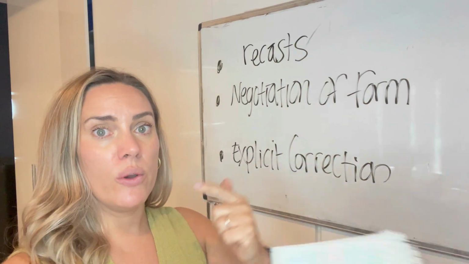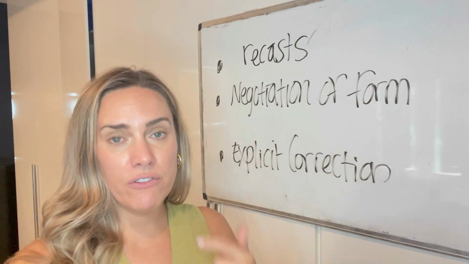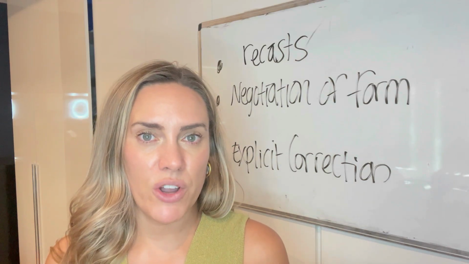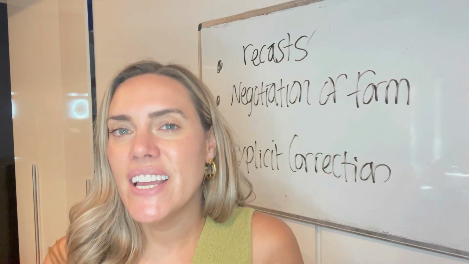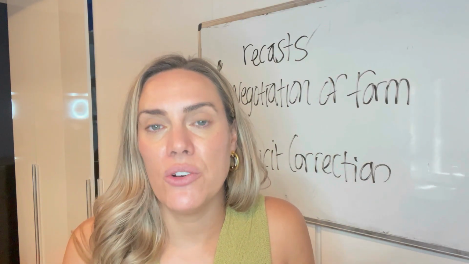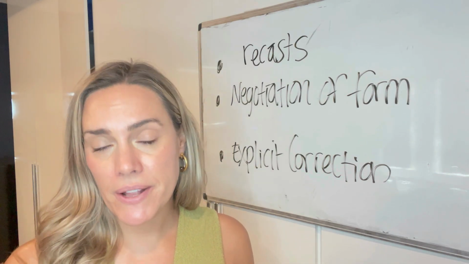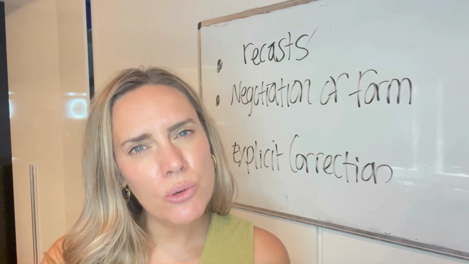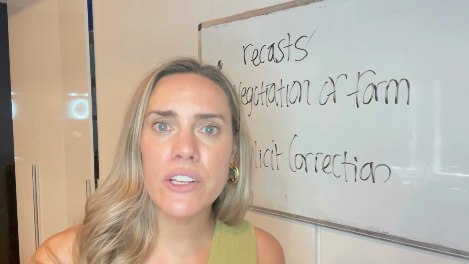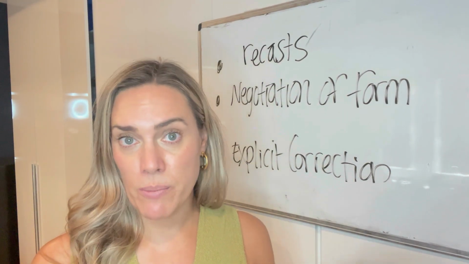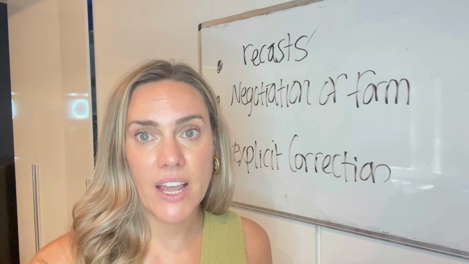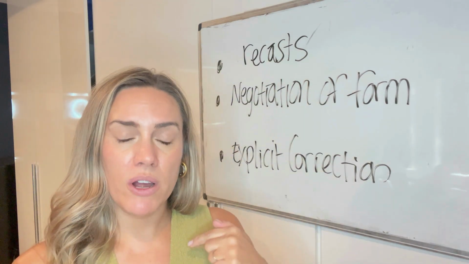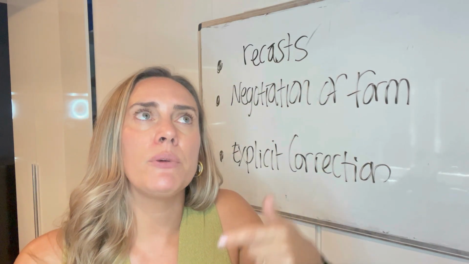That means we are going back and forth to figure out the meaning of what you're trying to say. Well, really, to help you say it accurately. So, for example, we might ask for clarification and say, did you mean you are going to the party tomorrow? So we might ask a clarification question as a way to negotiate, and then you respond, yeah, that's what I said. I'm going to go.